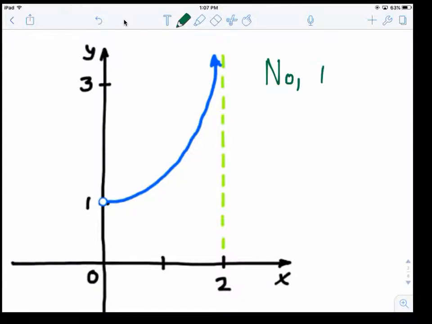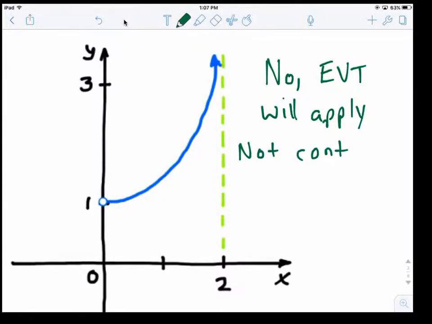So no, the EVT will not apply. It's not continuous on the closed interval. So do you have a max?